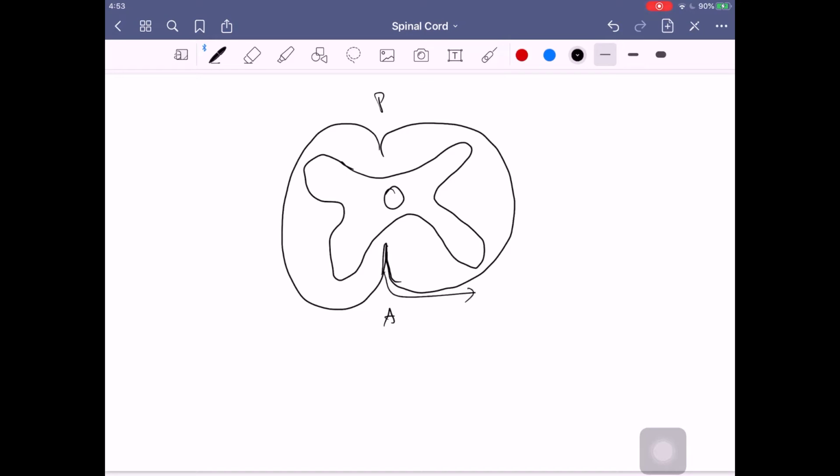This one which is deep in the front is your anteromedian fissure. And what do we have here? We have the anterior spinal artery, and then there is a thickening of your pia mater, which we call your linea splendens.